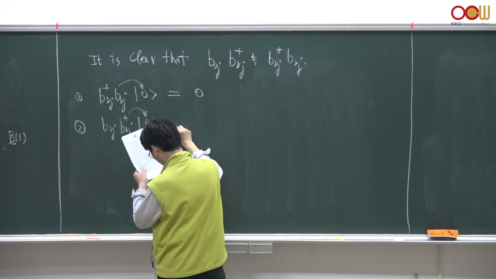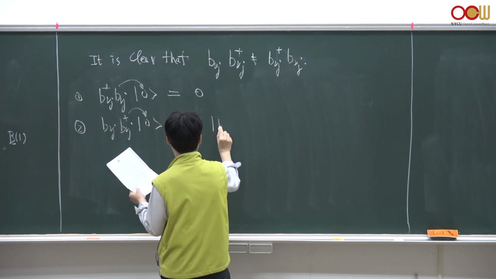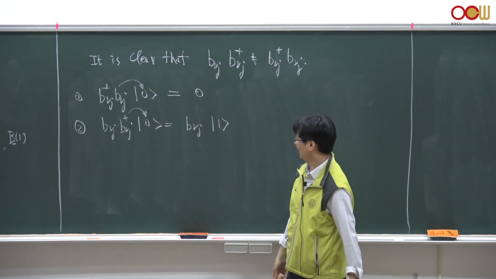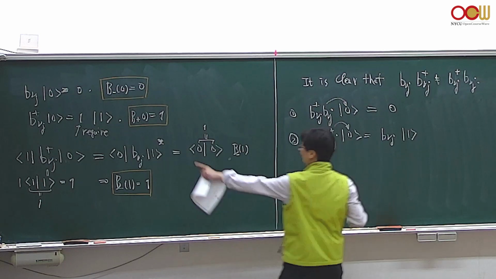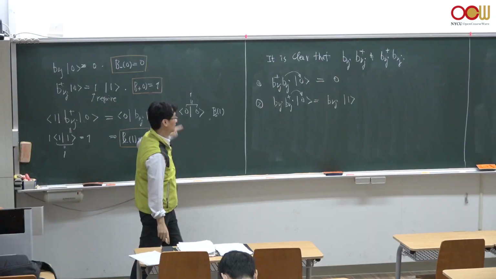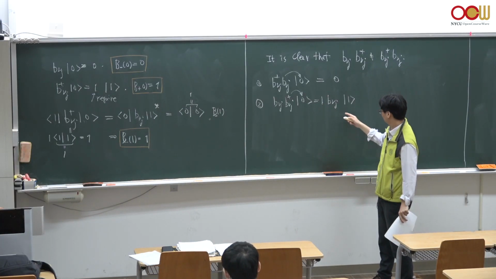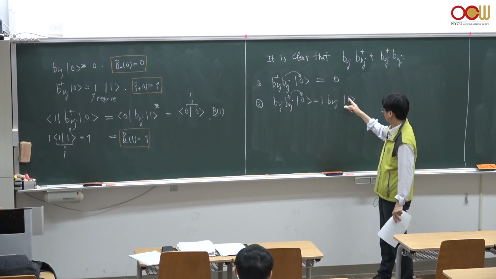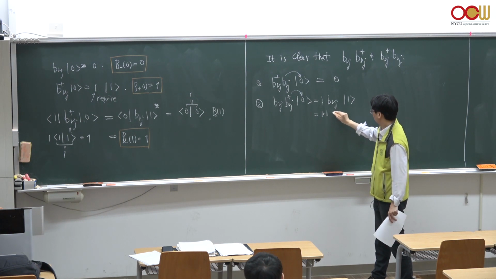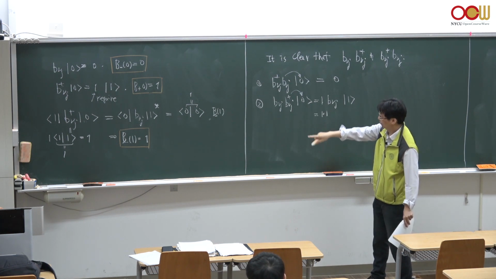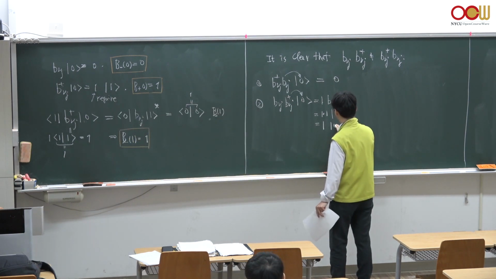Which is 1 times b nu j and 1, because b plus 0 is 1. So this is 1. But I have one operation remaining, which is to destroy the single boson again. And this time I get another prefactor, which is b minus 1. You see, b minus 1 is 1. So this is 1 times the empty state.